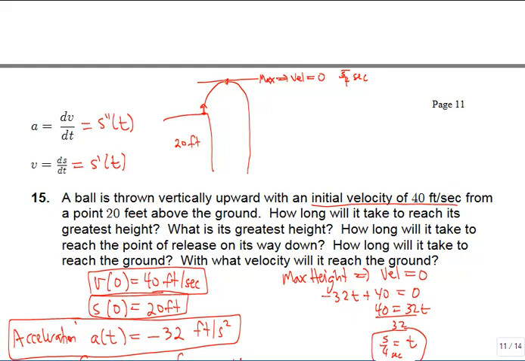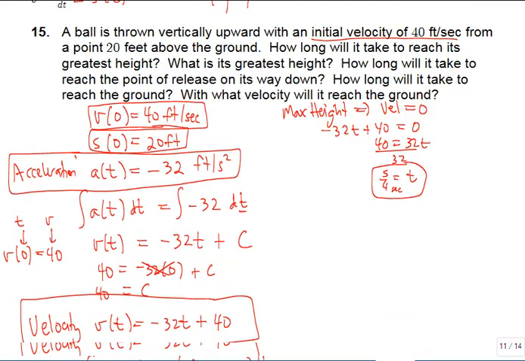Okay, so that's the first question. Second question, what is its greatest height? So how high did we actually get? Well, it's asking about a height, and height is position. So what we want to use next here is the position function, at this particular t value, since that's the time that we're interested in.